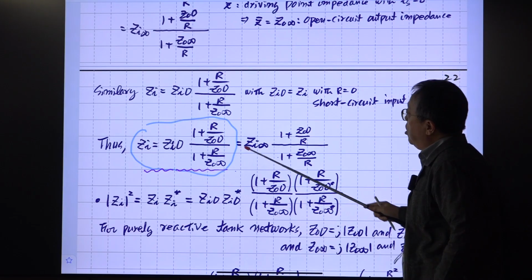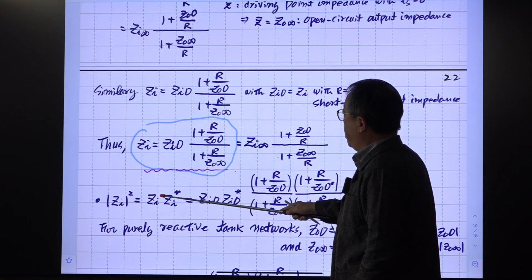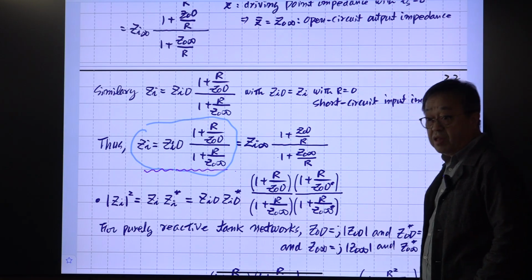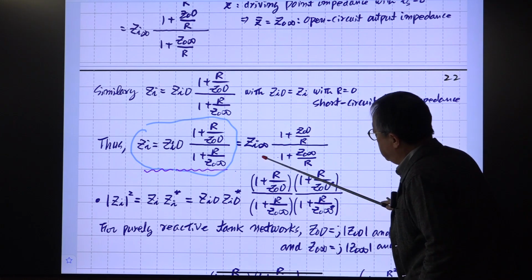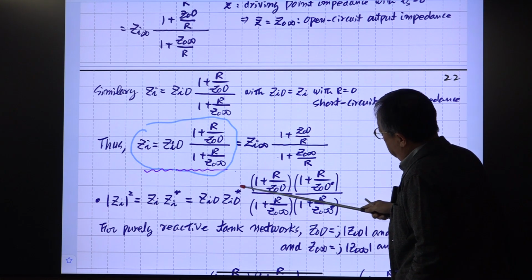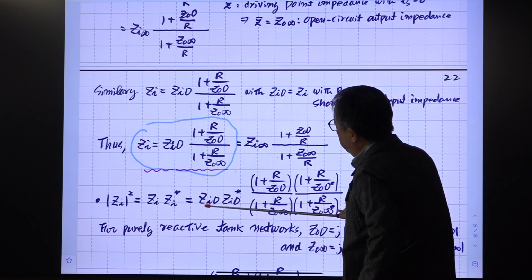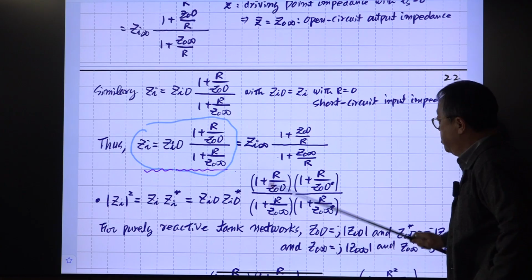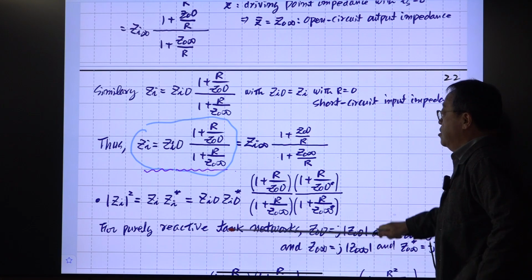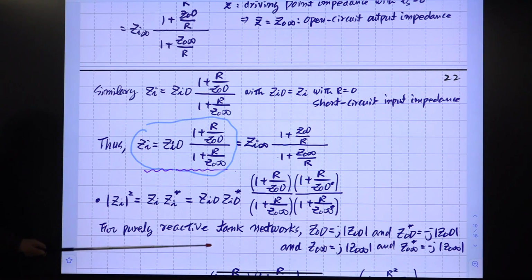So think about the magnitude of this. GI magnitude squared is GI times GI complex conjugate, GI star. So we write this twice, one here and one here, and take the star operation on each. This is the equation. The most important thing is the purely reactive tank networks, which is our basic assumption.